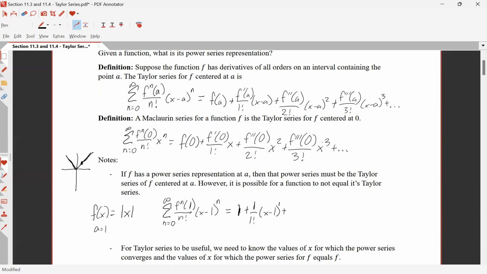Well, I can take more derivatives, but all the derivatives after that point are 0, because the absolute value function is just a line when we're looking at 1. The second derivative of a line is 0, and the third derivative of a line is 0, and the fourth derivative is 0, and so on.